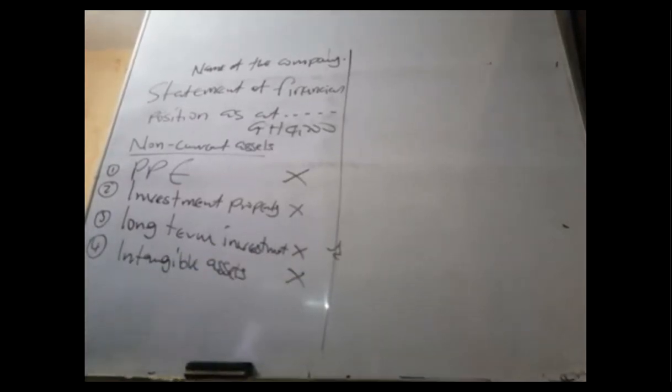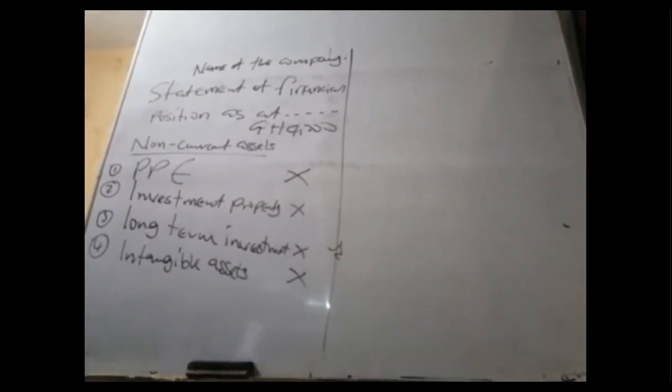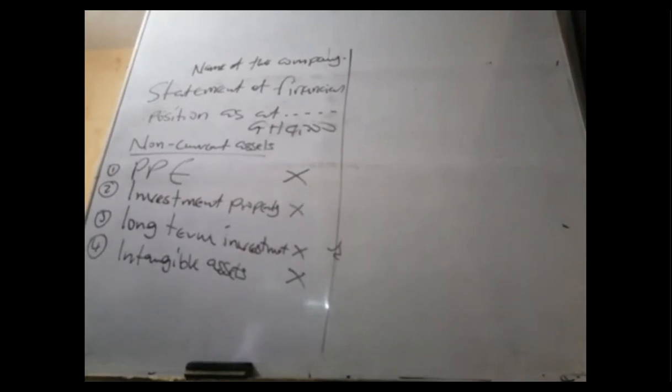Item number 4, intangible assets. Perfect. So these are the examples of non-current assets specifically.